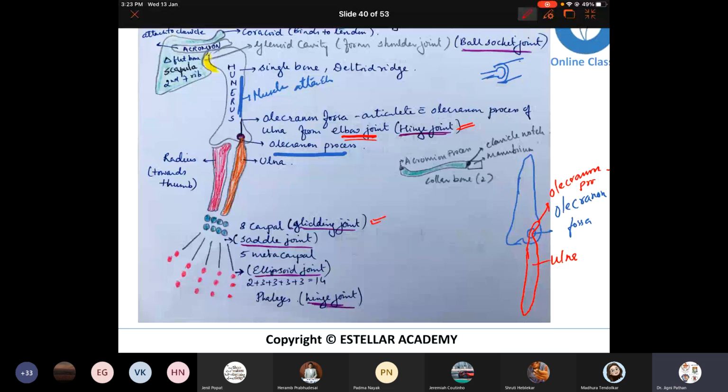Then the 5 metacarpals join the fingers. Those are called phalanges. Phalanges are 2 plus 3 plus 3 plus 3 plus 3, which equals 14. All of these are joined by hinge joints. Can you see this? So 8 carpals, 5 metacarpals, and phalanges, which are 14 in number.